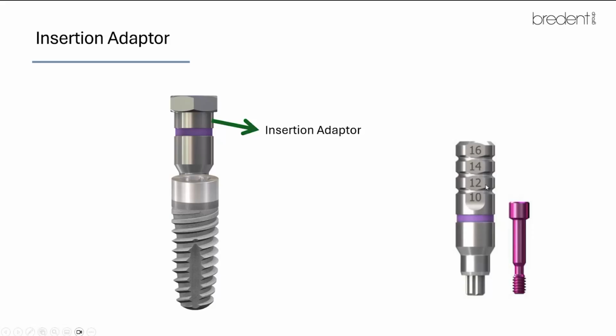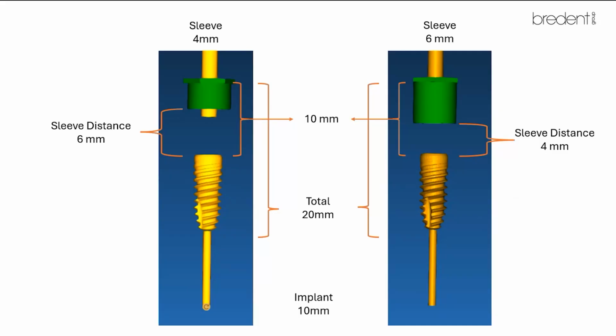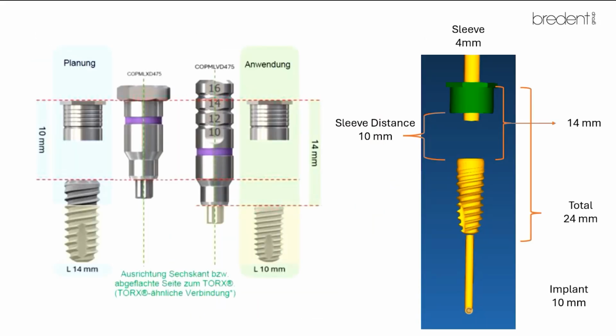This is another insertion adapter we have, which doesn't have a depth stop like this, but it has markings of 10, 12, 14, 16. In some situations, we need to increase the sleeve distance by 2 mm. Brilliant has implants of length 8, 10, 12, 14. So drills are also at the height for the drilling sequence for 8, 10, 12, 14. So when you increase the sleeve distance by 2 mm, normally in the previous case this was 6 mm.